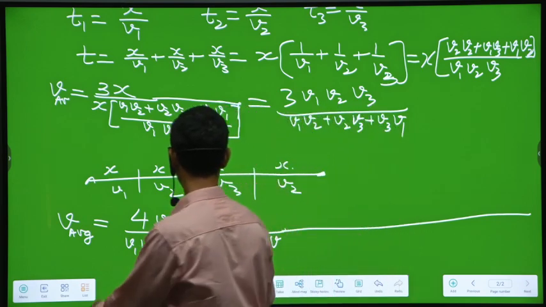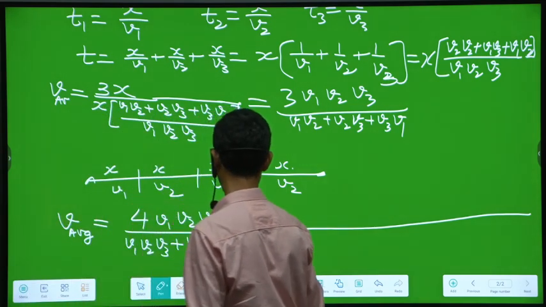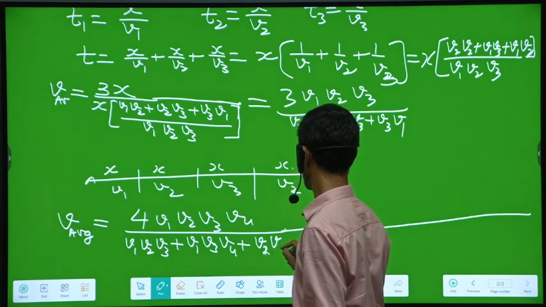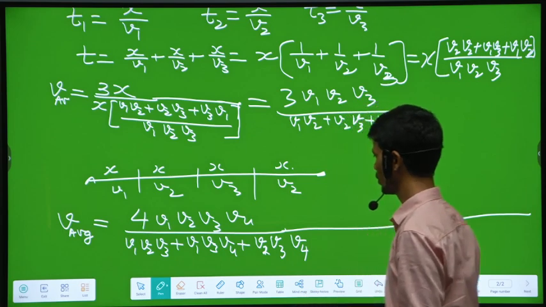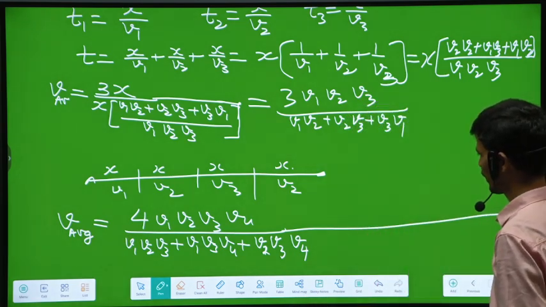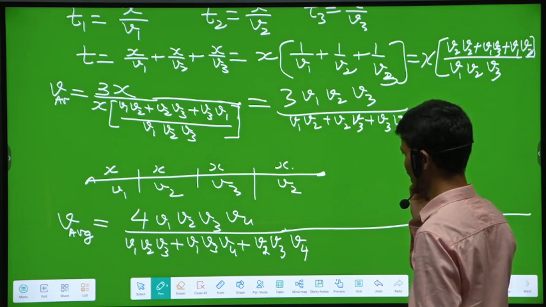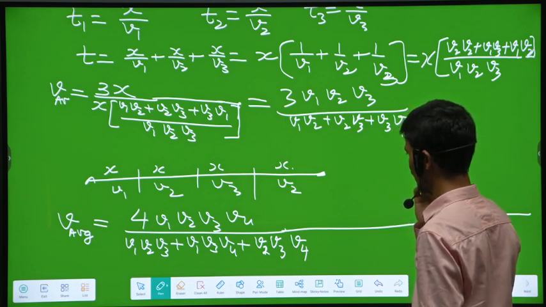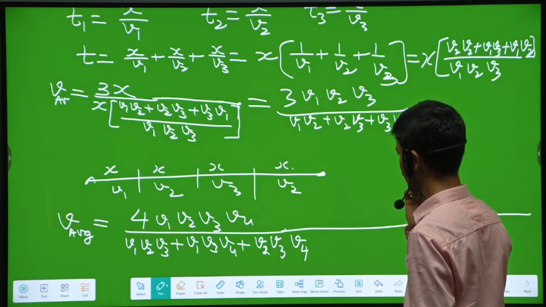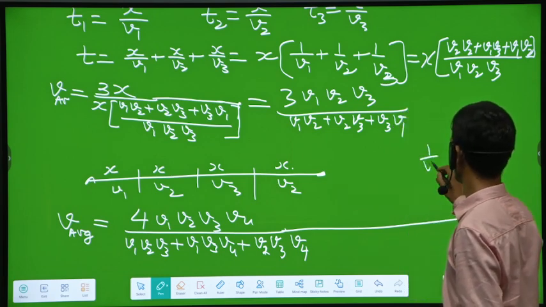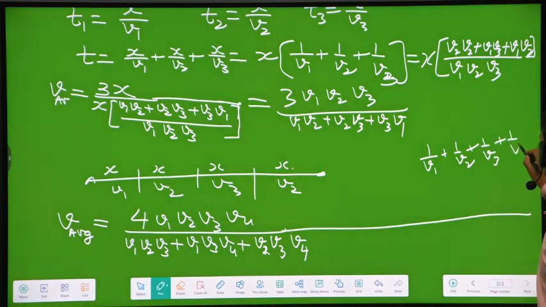v1 v2 v3, v1 v3 v4, v1 v2 v4. What else can be done? One factor is missing. I have to check it. 1 upon v1, 1 upon v2, 1 upon v3, 1 upon v4.